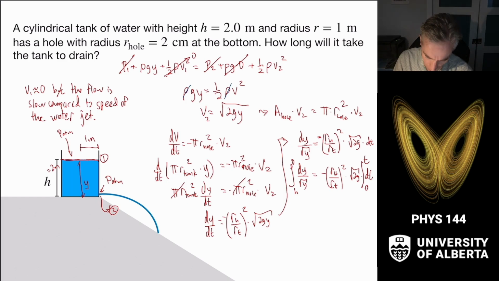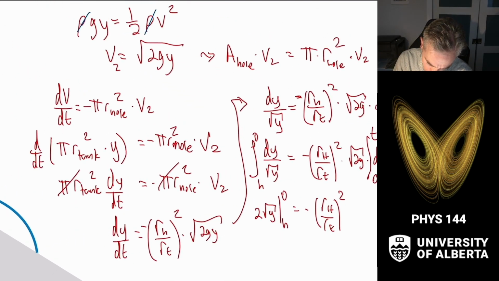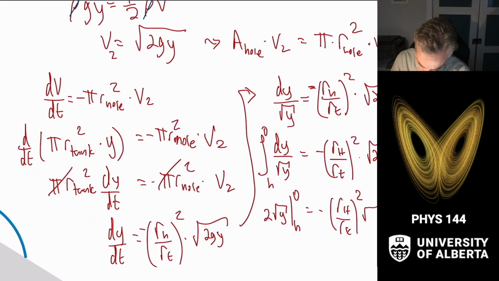We do this integral, and so that's going to give, on the right side, we get that that's 2 times the square root of y evaluated from h to 0 is equal to minus RH over RT quantity squared times root 2g times the integral from 0 to t. I can actually integrate that. I'm good that way. Times t minus 0.